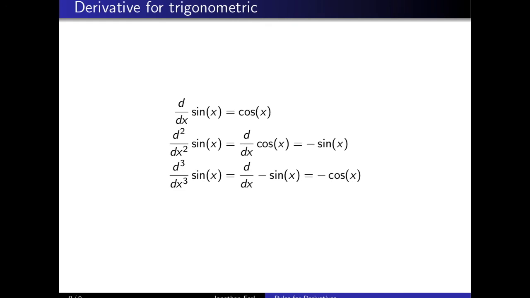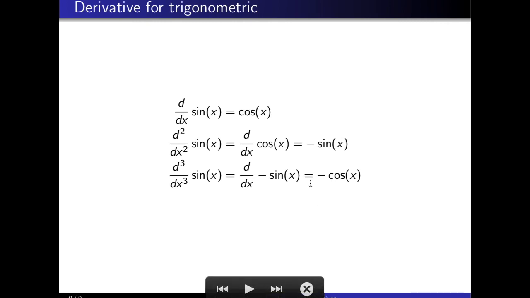And then the third derivative of sine is minus cosine. And if you wanted, you could find that the fourth derivative of sine is back to sine. So it nicely cycles. The standard trig functions cycle for derivatives between sine, cosine, minus sine, minus cosine, and then back to sine.